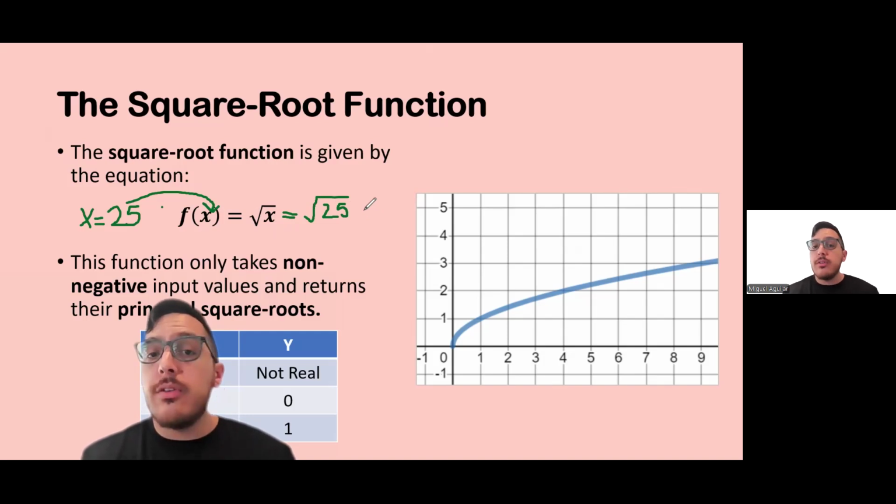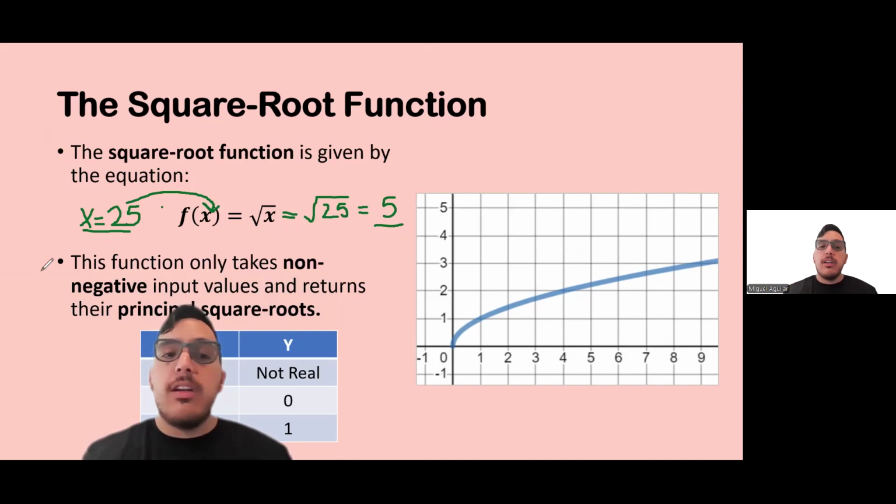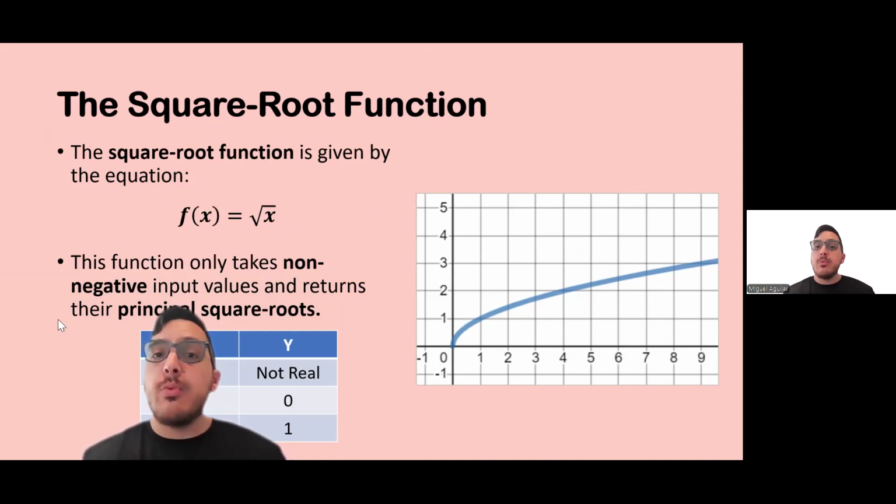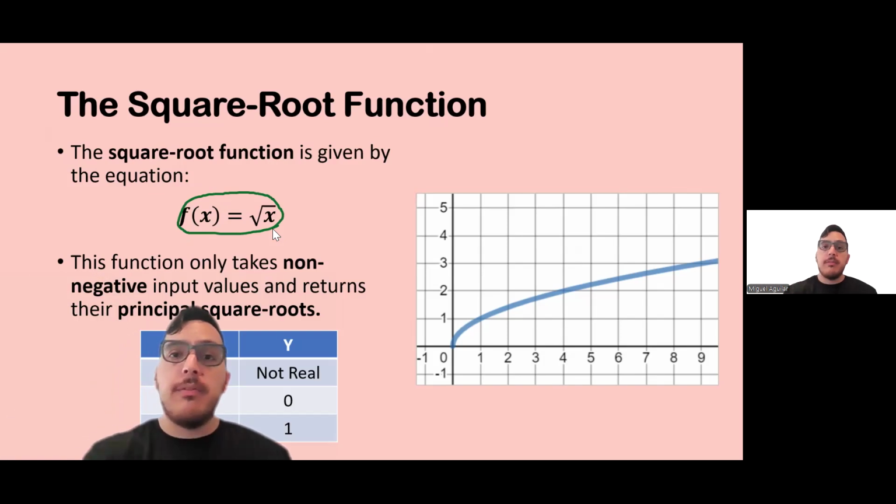But if you're not sure, you can throw it in the calculator, and it will tell you that the square root of 25 is 5. So here we have our x value, and now we have a y value, and we can plot those coordinates accordingly. But all we need to know for this moment is that a square root function, f of x equals the square root of x, will generate this arc shape.